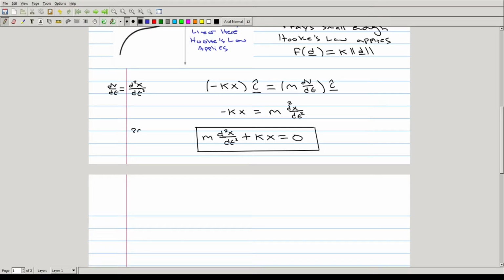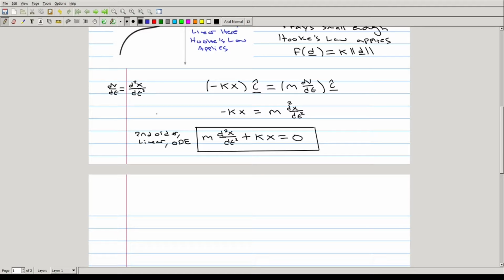And this is a second order linear ODE, which should be familiar from your ODEs course.